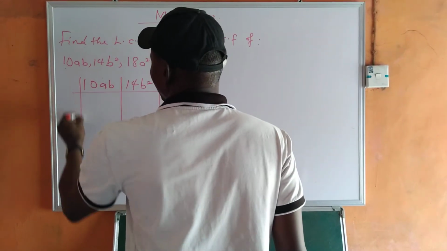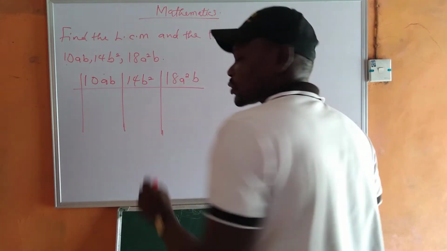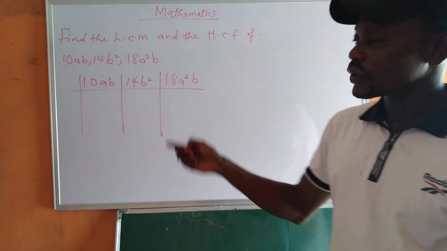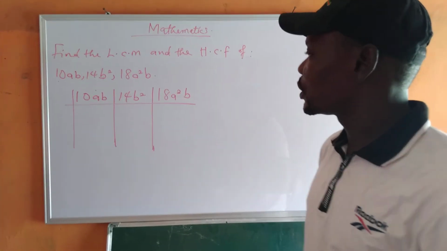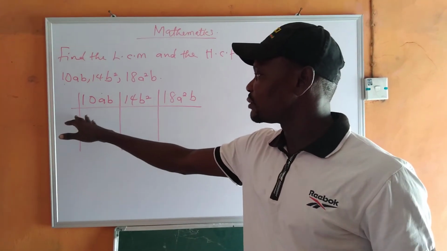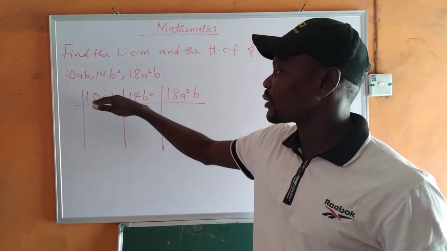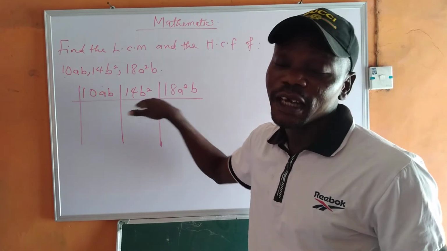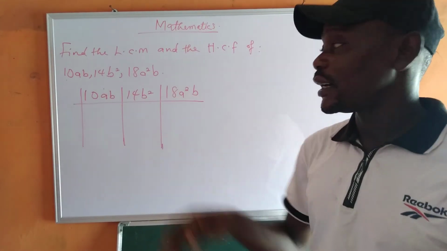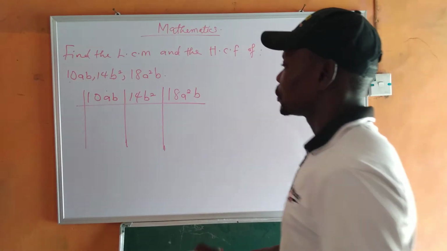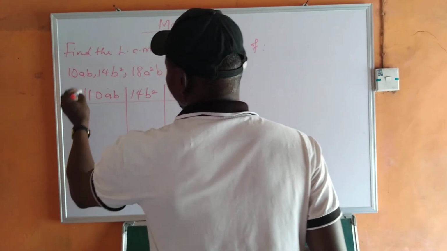So we divide it through the same method, not just like we did the L.C.M, but we have to stop at any level where we cannot get any number that can divide all the three numbers at the same time. So we can still go with the figures first.